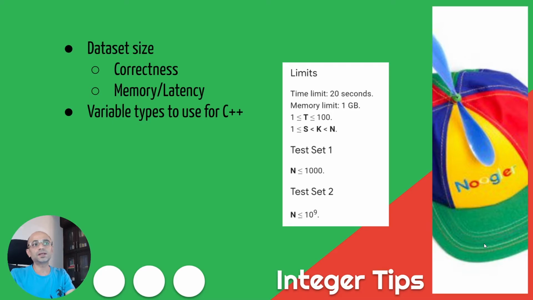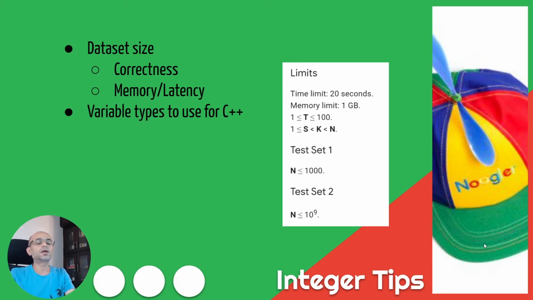This is needed because if you use variables that cannot store the maximum as specified, then your answer may be incorrect. So for the correctness of the solution, when the inputs are around that maximum range, you need to use the proper integers which can store those maximum numbers. And also you should not use a type which is more than sufficient.